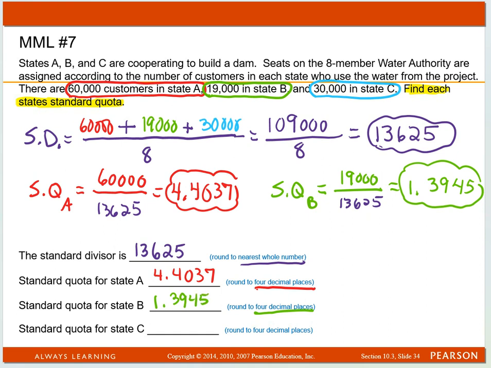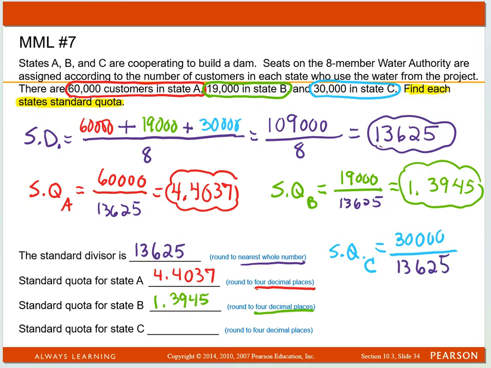And last but not least, we need the standard quota for state C, and their population was 30,000. Looks like a 6, that's a 30. Terrible handwriting some days. 30,000 divided by the standard divisor of 13,625.